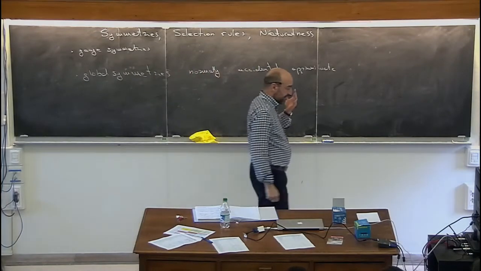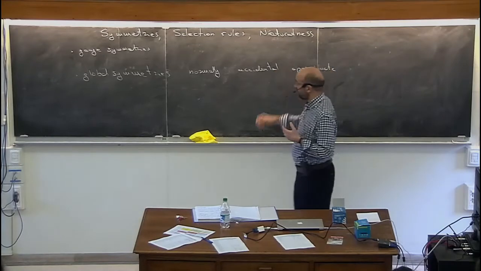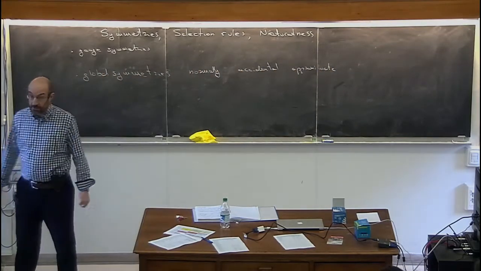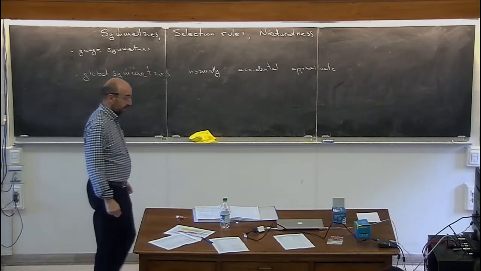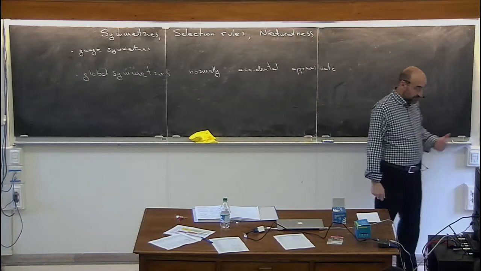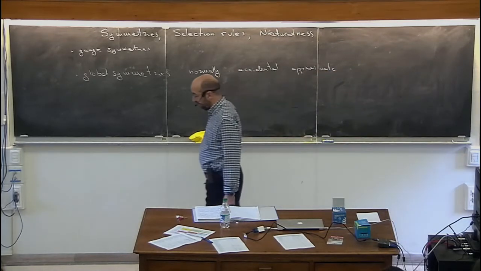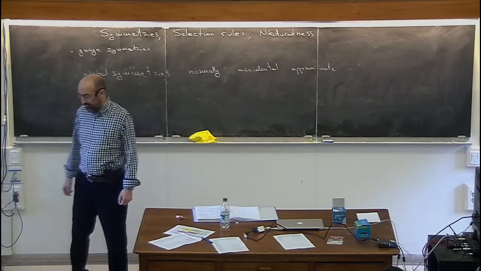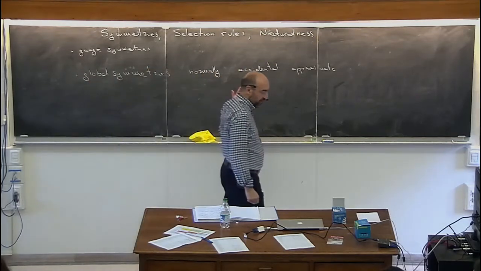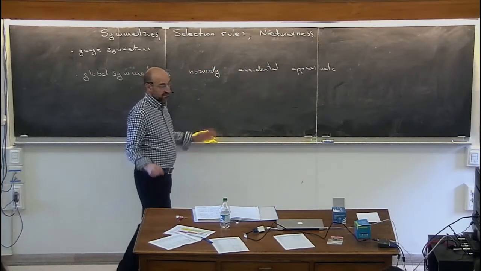Even if they have this status of being accidental and approximate, they still play an important role when trying to understand the dynamics of a system, and the relevant word concerning the role of approximate global symmetries is selection rules.